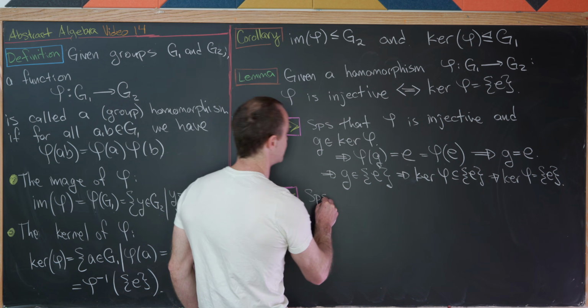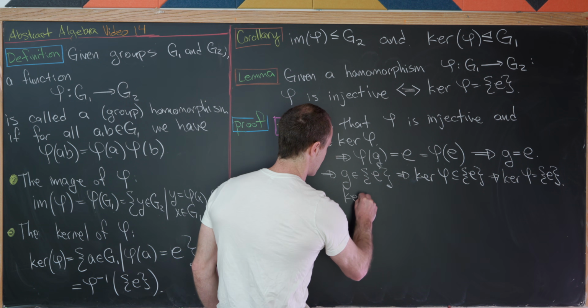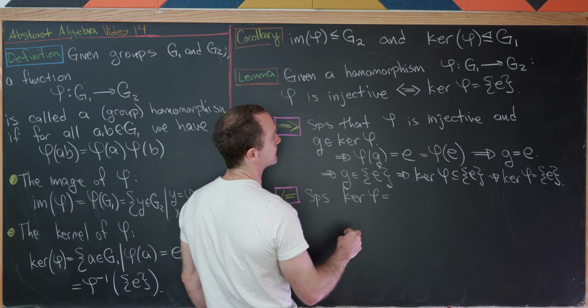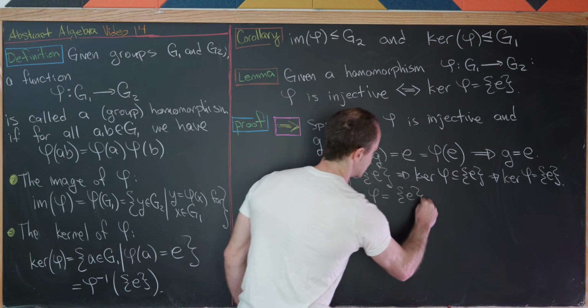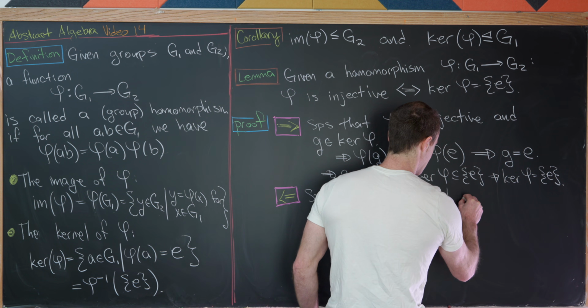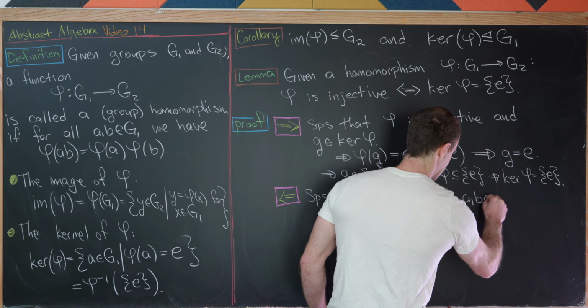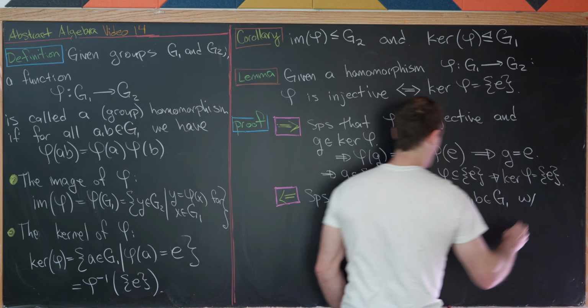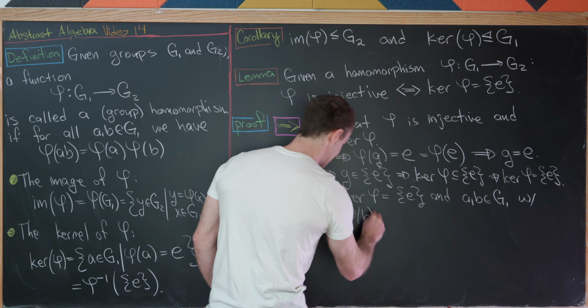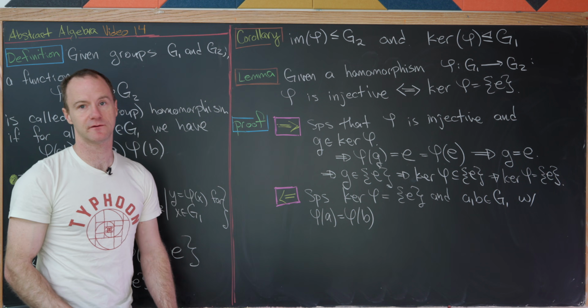So let's suppose that the kernel of phi is equal to simply the identity element. So the kernel of phi is trivial, and that we have something that I'll call A and B inside of G1 with phi of A equals phi of B. So that's our setup for an injectivity proof.